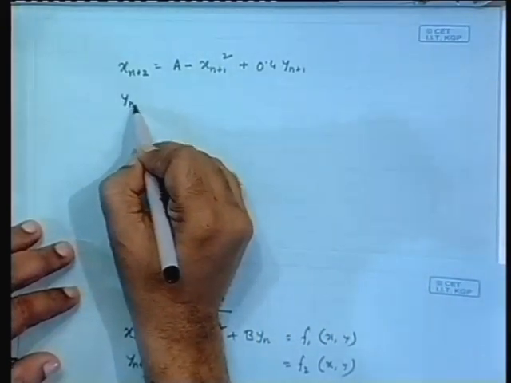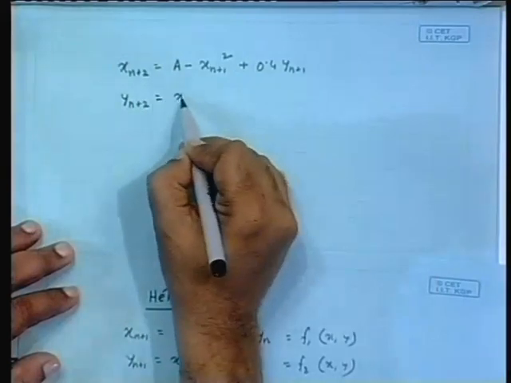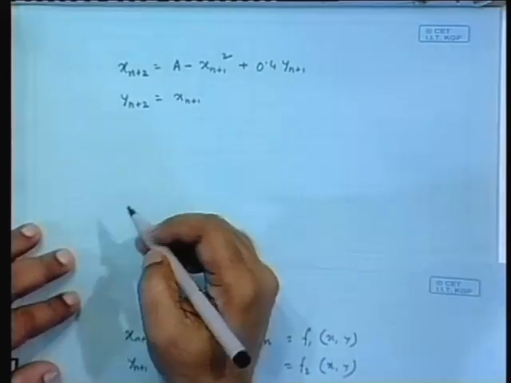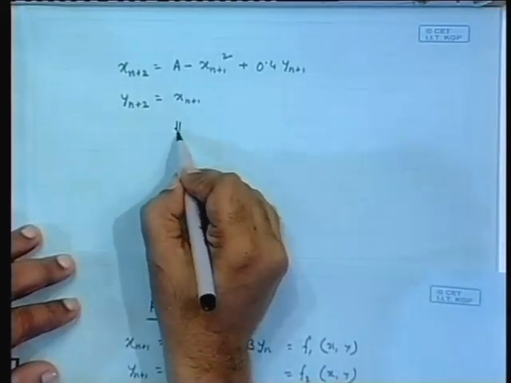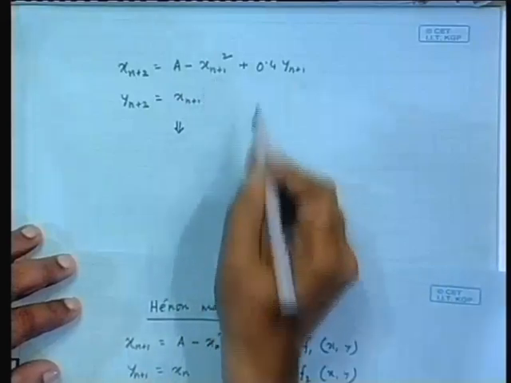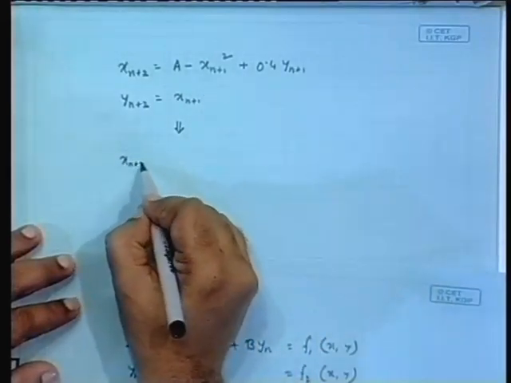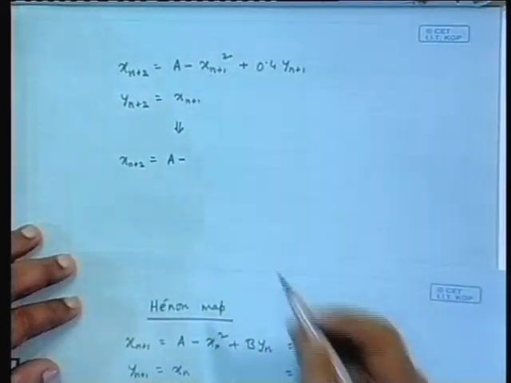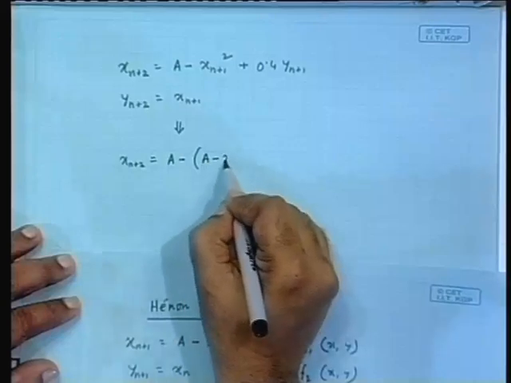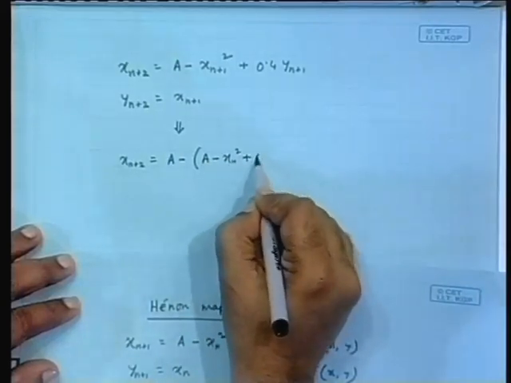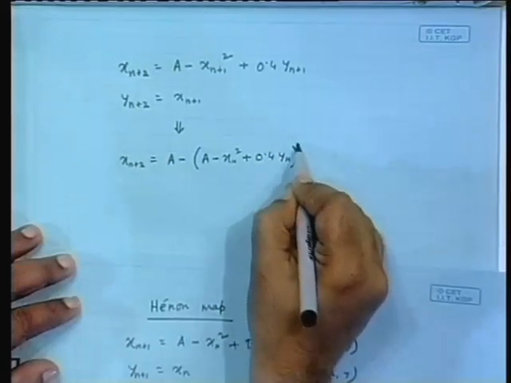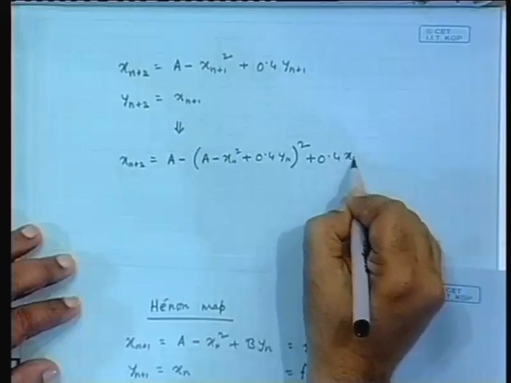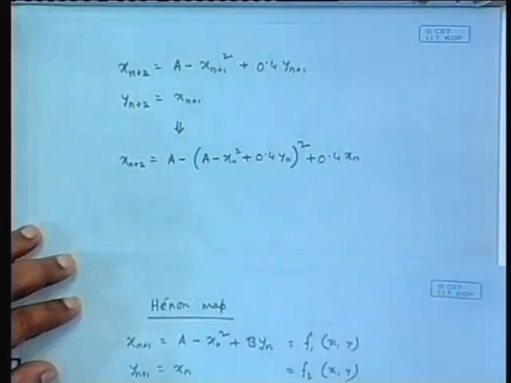Then y n plus 2 is equal to x n plus 1. In the next step, substitute x n plus 1 and y n plus 1 here. X n plus 2 is equal to a minus what square? This fellow square, a minus x n square plus 0.4 y n, square plus 0.4 x n.